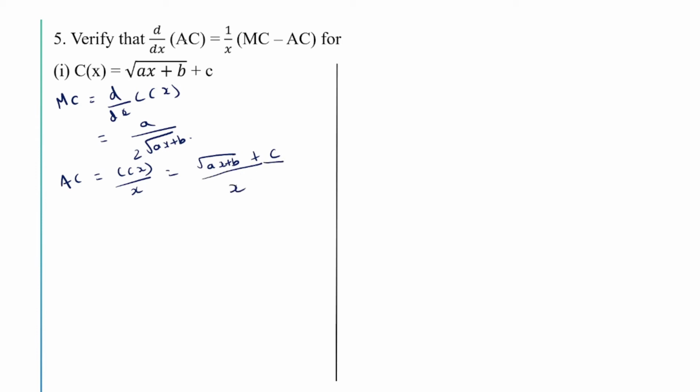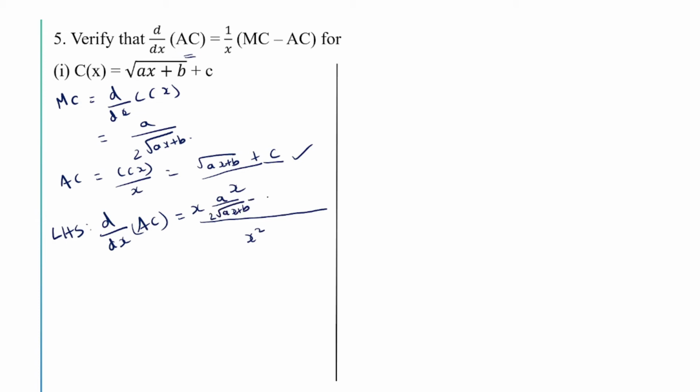Now let us take the left hand side of this. So the left hand side is d by dx of average cost. We have to differentiate this. So we have x square in the denominator. Keep the denominator and differentiate the numerator.